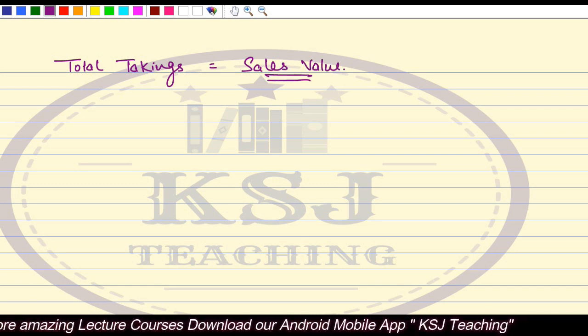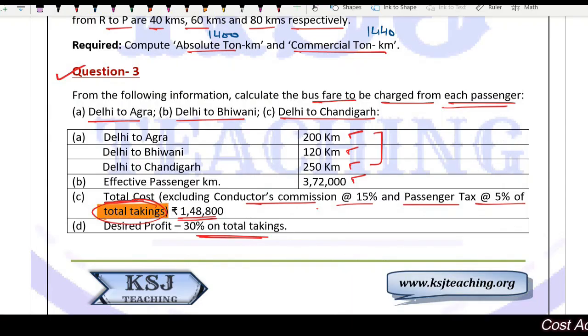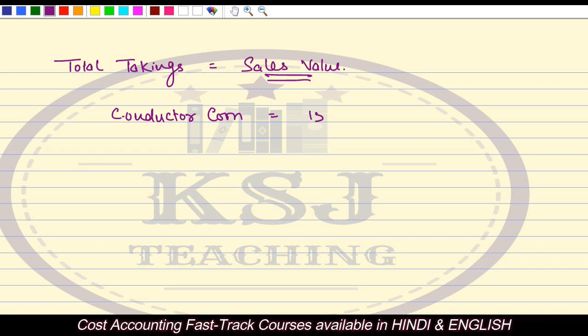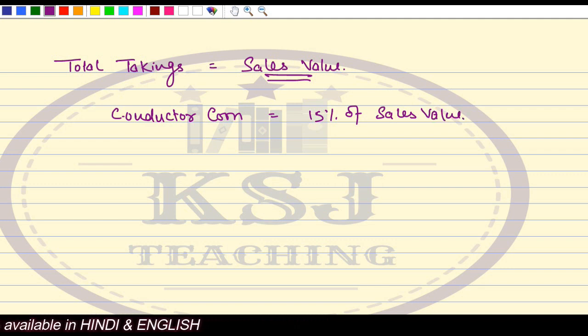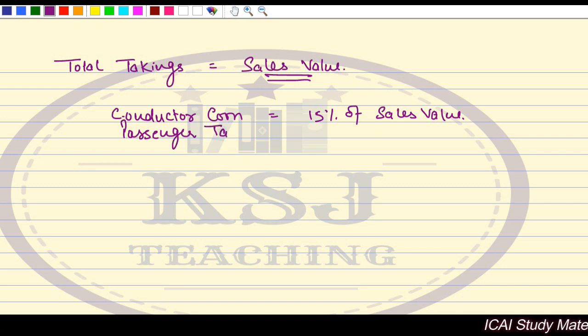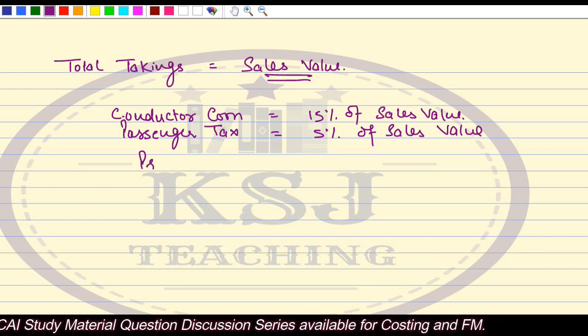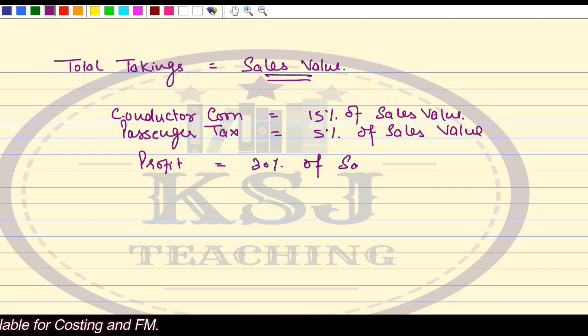So the conductor commission is 15% of sales value, right? And passenger tax is given to you. What is passenger tax, sir? Passenger tax is 5% of sales value, right? Then profit is also given. The profit is 30% of sales value, isn't it?